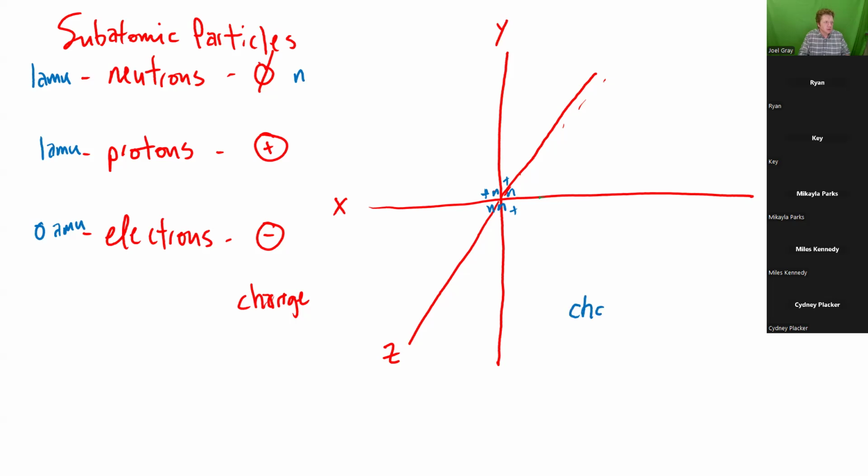What's the charge of this atom as it's depicted right now? If we count up all the neutrons, the charge is 0 because 4 times 0 is 0. 3 plus. You're absolutely right, Alondra. So we've got a charge of 3 plus. Okay. What about the mass?